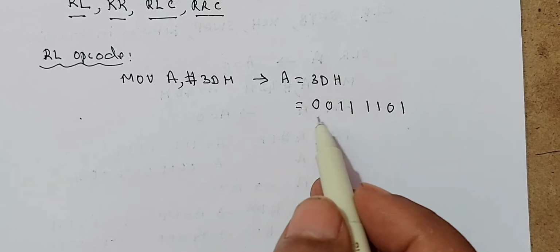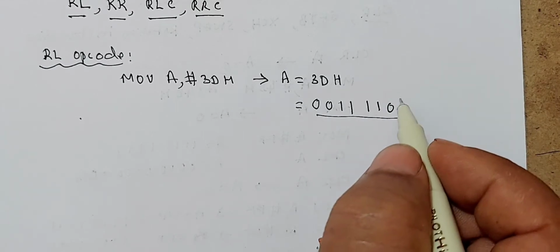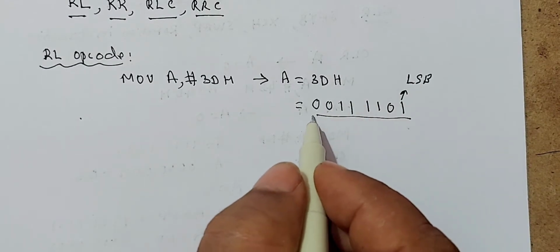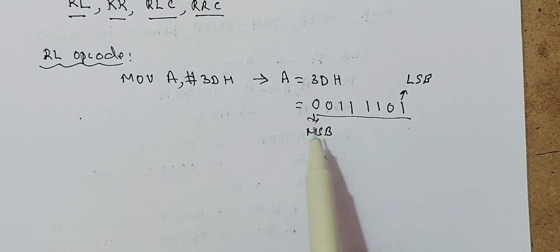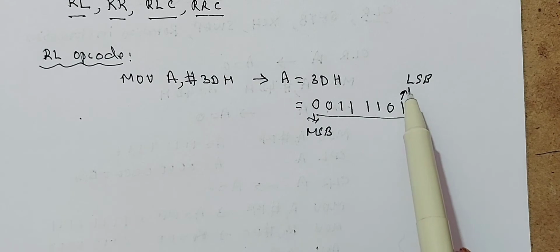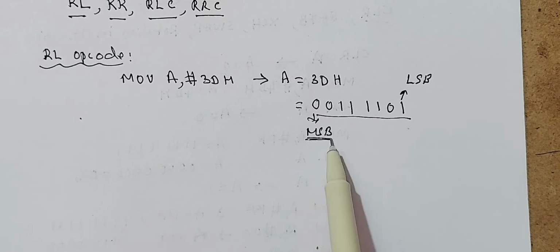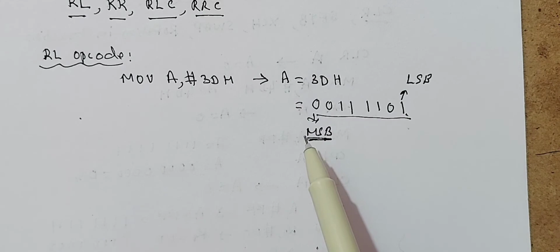So 3D is nothing but 00111101, in which the right extreme is called the least significant bit and the left extreme is called the most significant bit. In a rotation operation, this LSB and MSB must be noted because they play a very important role.